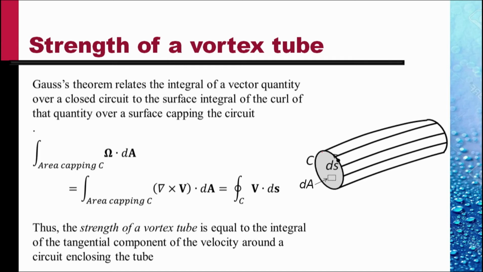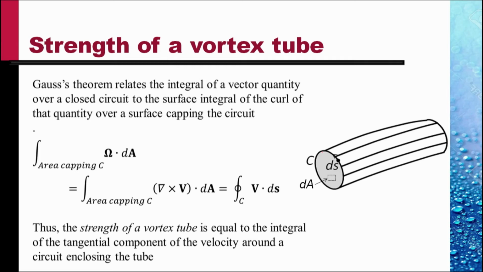Thus, for the vortex tube shown, the strength of the vortex, which is the integral of curl V dot dA over the area capping C, is equal to the line integral over the closed circuit C of V dot ds.